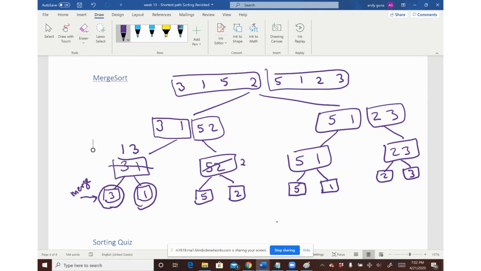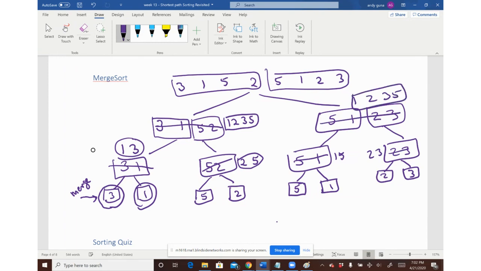Now it's 2, 5. So now we have two sorted arrays of size 2, 1, 3 and 2, 5. That gives us one array of size 4 that is sorted. And same thing is going to happen from the right-hand side, 1, 5, 2, 3, and then it gets 1, 2, 3, 5.